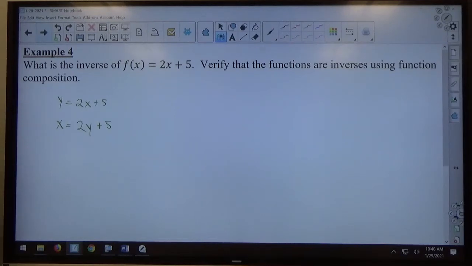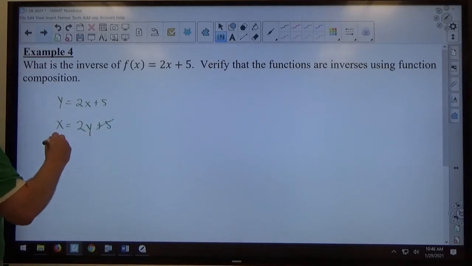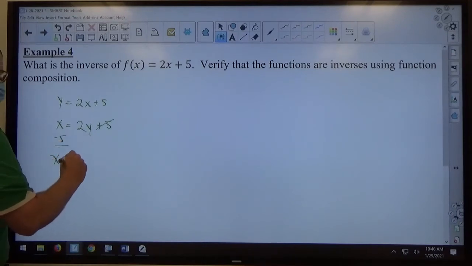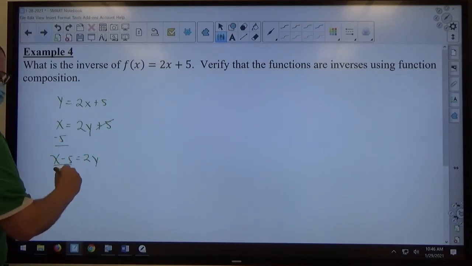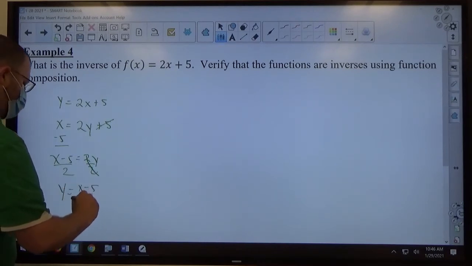To complete the inverse function technique, I need to solve this for y. Right now it's 2y plus 5 equals x, so I've got to move the 5 over here. X minus 5 equals 2y, divide both sides by 2, y equals x minus 5 over 2.